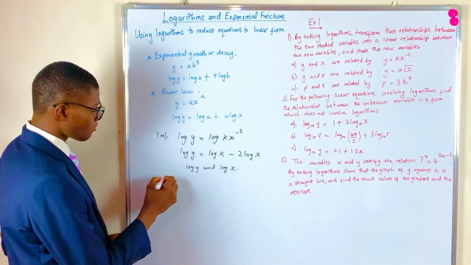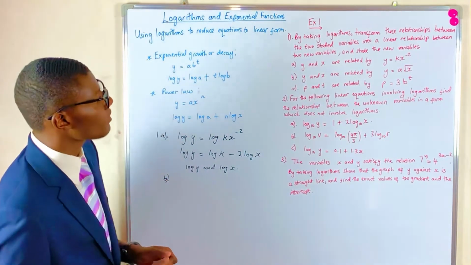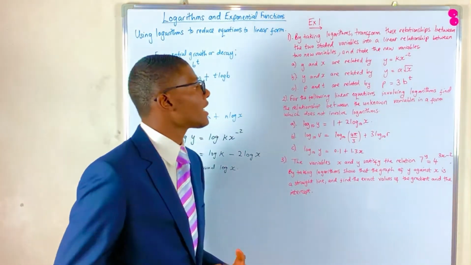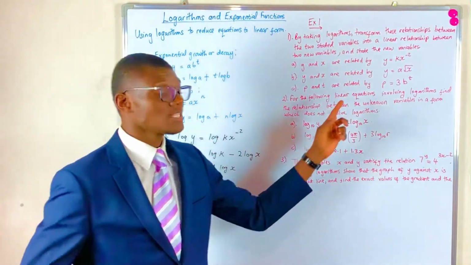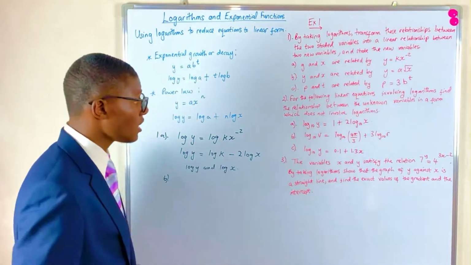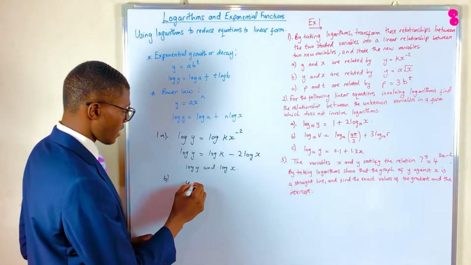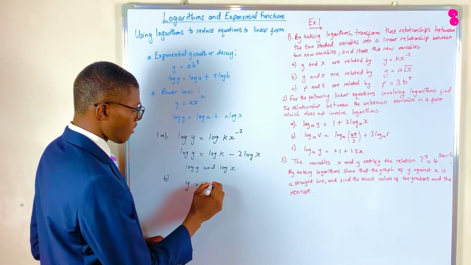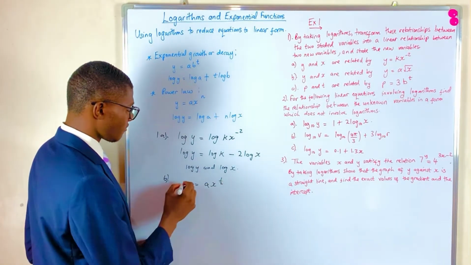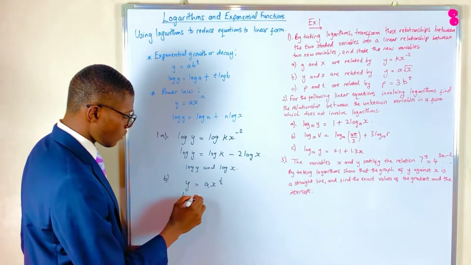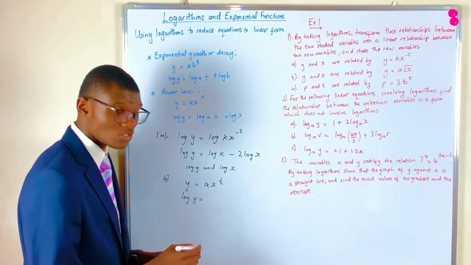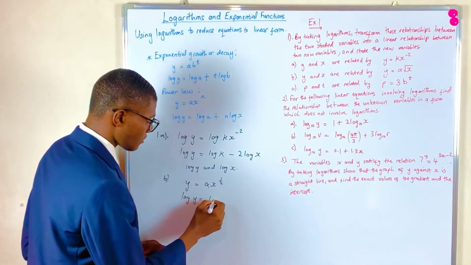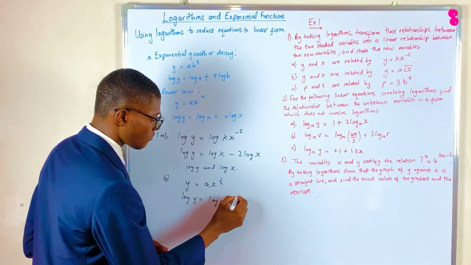Then moving on to part B. Part B, we've got y and x that are related by y is equal to alpha root of x. So y being equal to alpha x to the power of half, and we take logs. We introduce logs both sides. Log y is equal to log alpha x to the power of half.